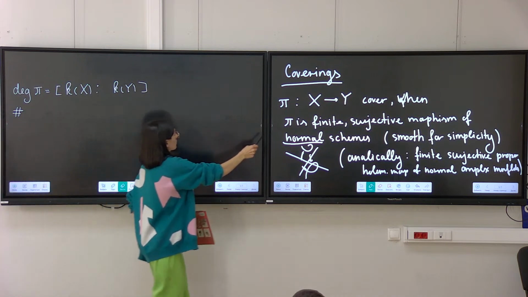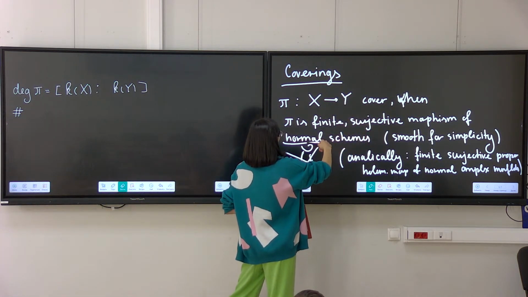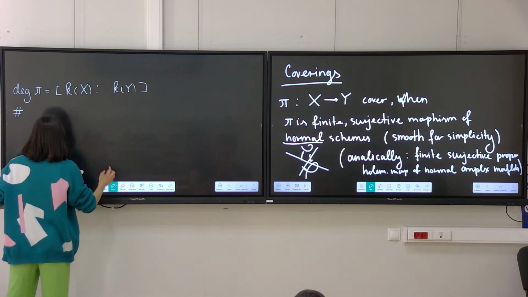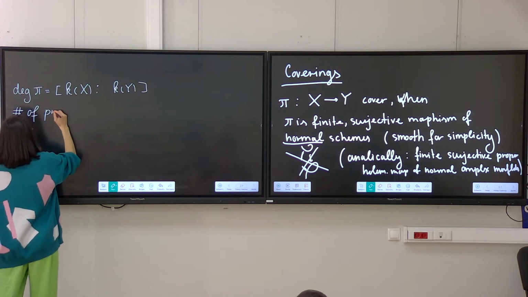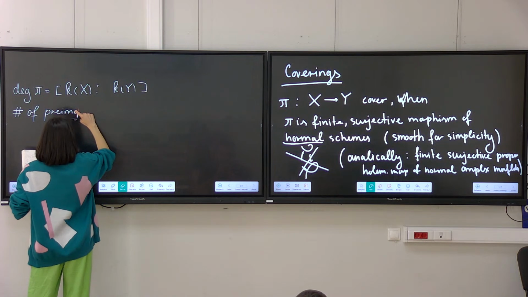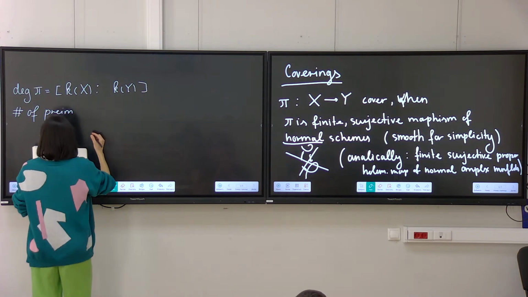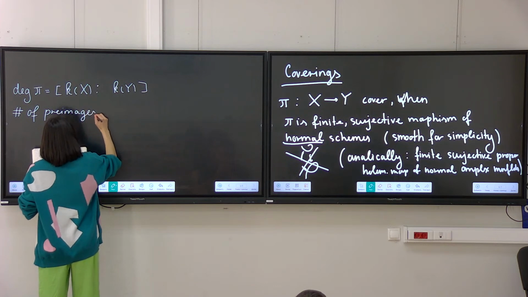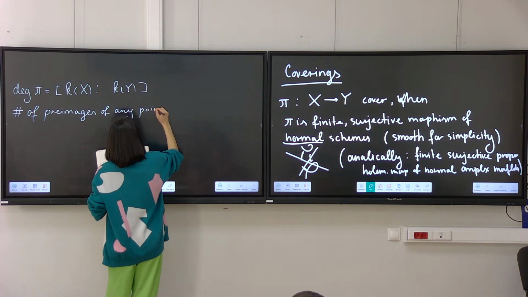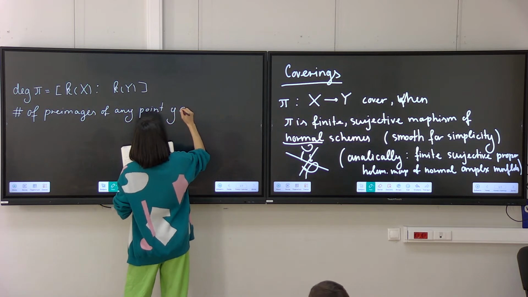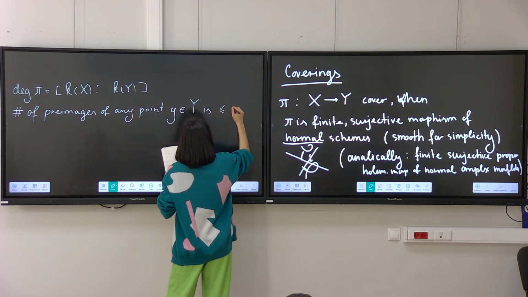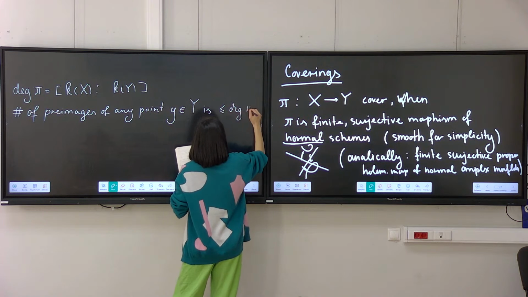In this setting of a finite surjective morphism of normal, or for simplicity smooth, schemes, the number of pre-images of any point y inside Y is less than or equal to the degree of pi.